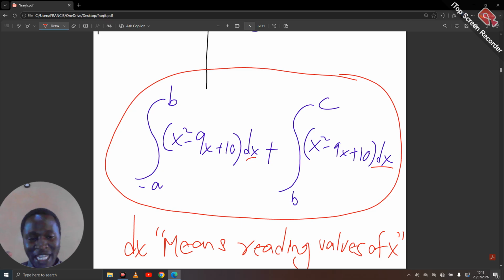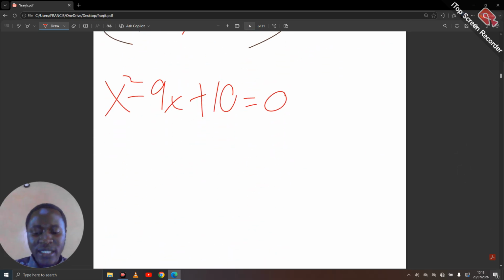You integrate this, get the difference, put aside. Then integrate this, get the difference, put aside. Then add them together. That will be the final answer.